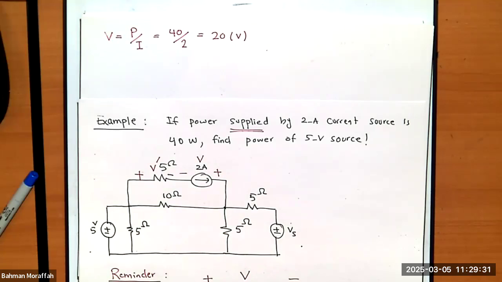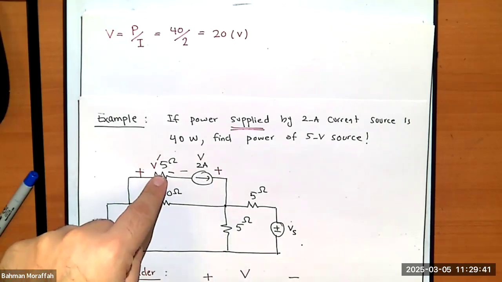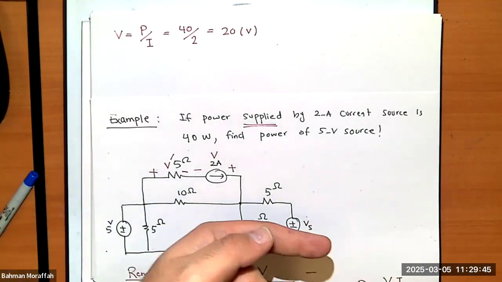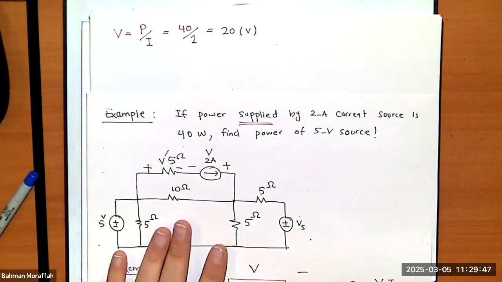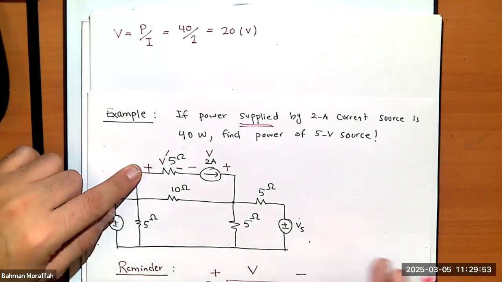And if 2 elements are in series, current through one must be the exact same as current through the other one. But I know current through this one is 2, therefore current through this must be 2 as well. And I know the direction of the current is from left to right. Right? So if I want to write V prime, I hit the positive sign first. So V prime is positive.